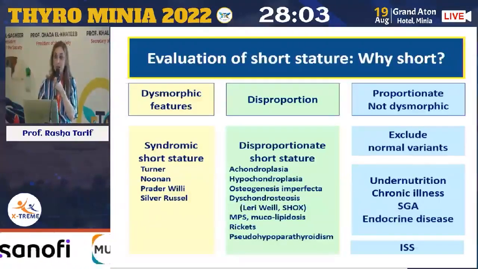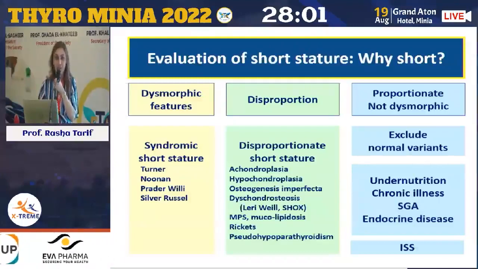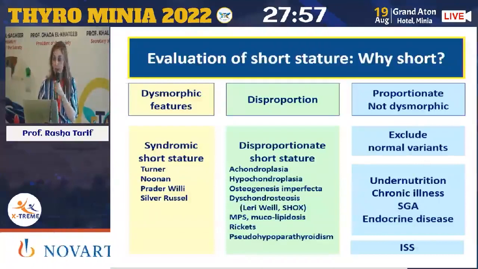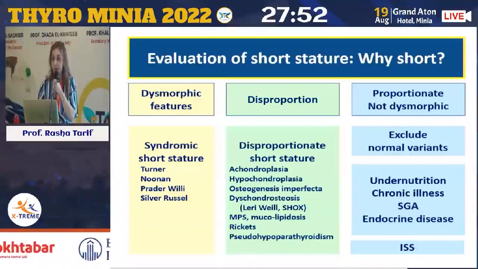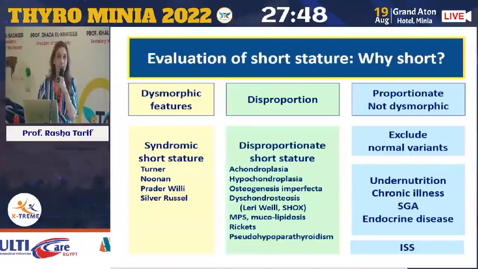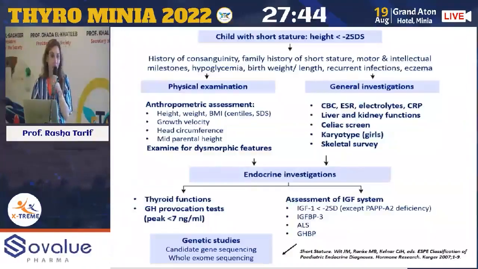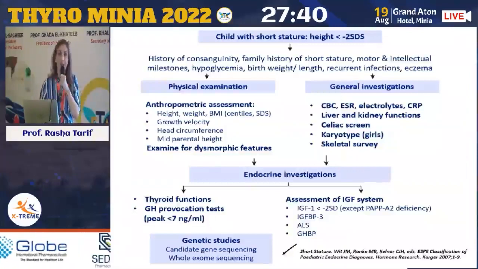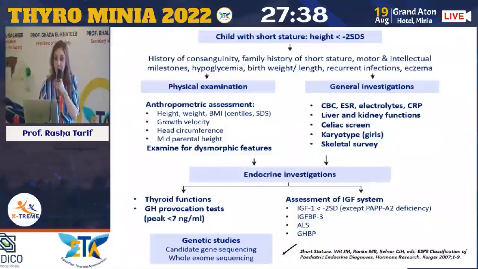And if the child is proportionate and not dysmorphic, we have to exclude normal variants, undernutrition, chronic illness, SGA, and finally endocrinal disease. And if we're facing none of these, we are left with idiopathic short stature. And this is the algorithm proposed by European Society for Pediatric Endocrinology.